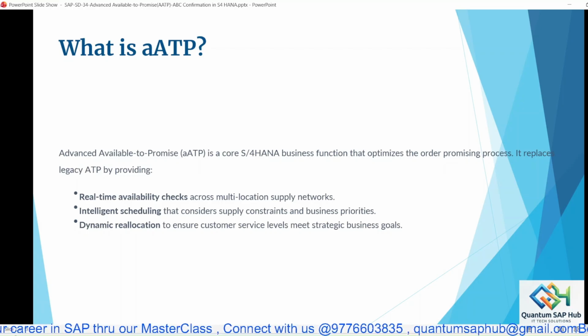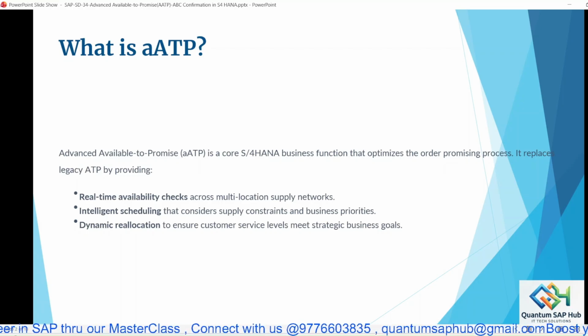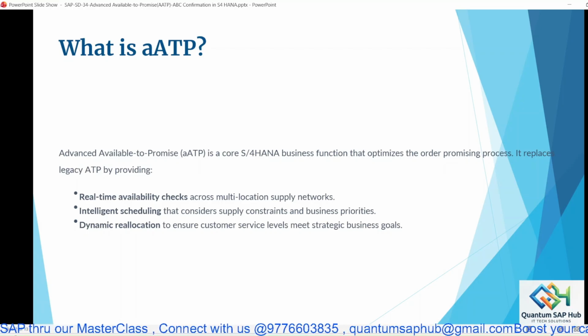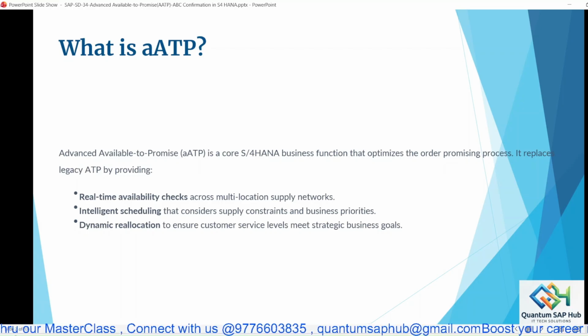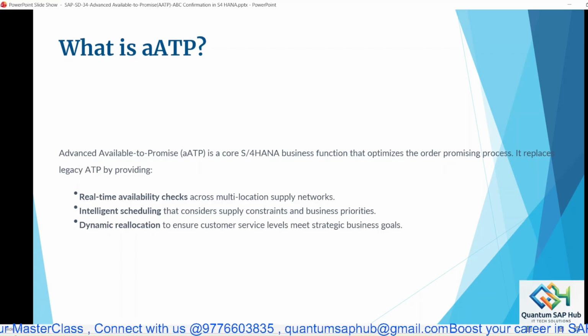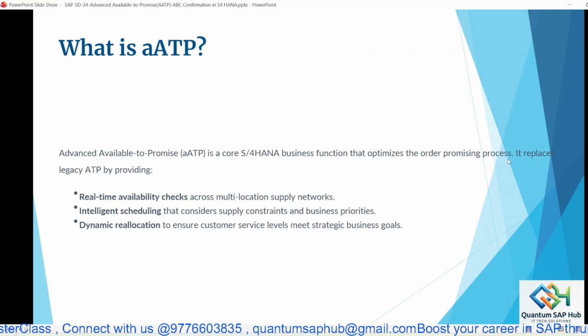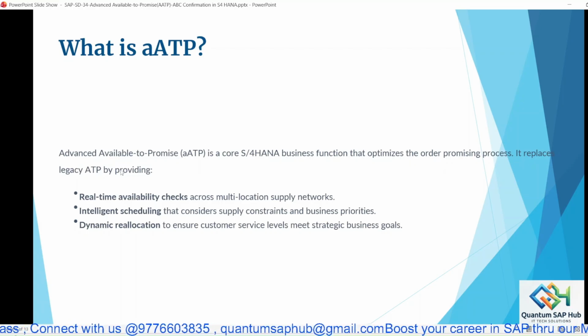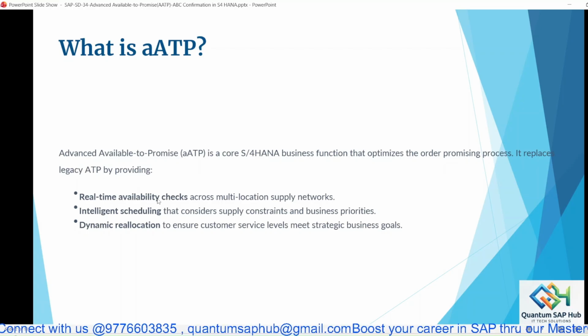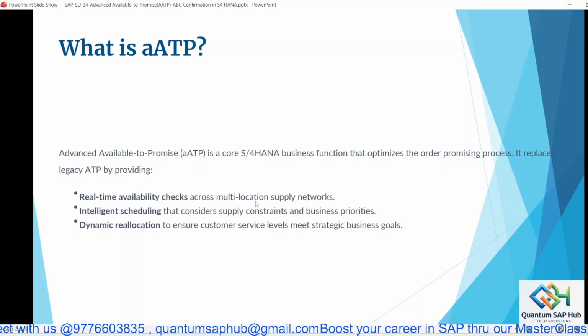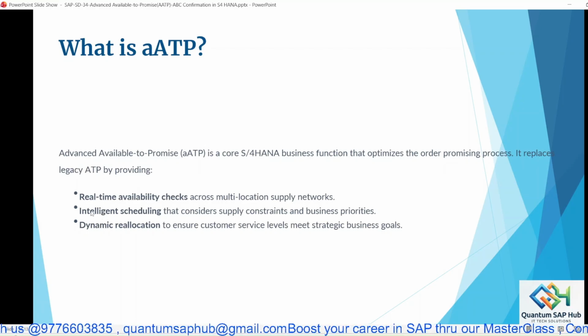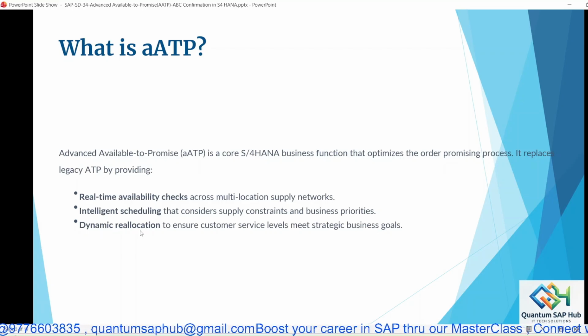So what is AATP? Just before coming to ABC confirmation, let us recall what AATP is. AATP is the core S/4HANA business function that optimizes the order processing. It replaces the legacy ATP by providing real-time availability checks with multi-location support, supply networks, intelligent scheduling, and dynamic reallocation.